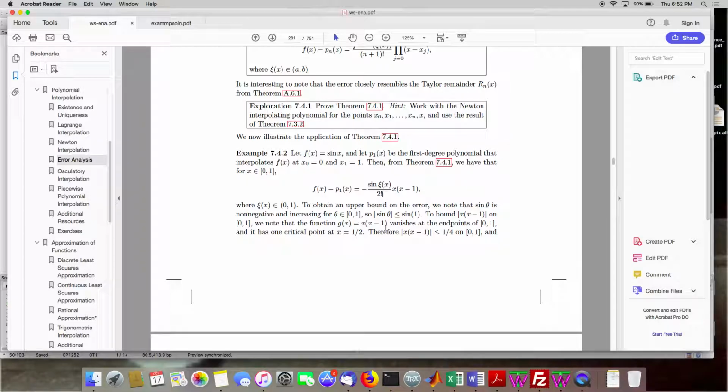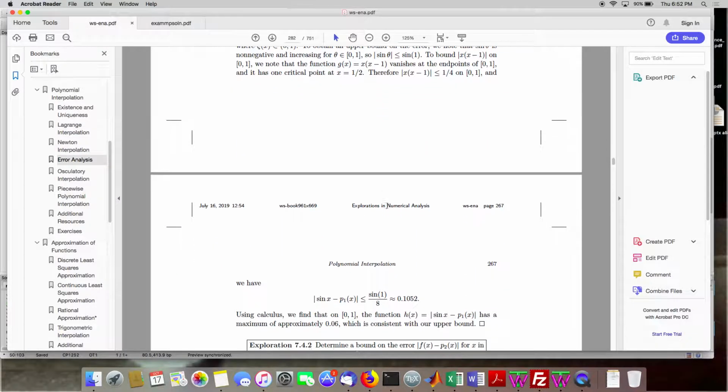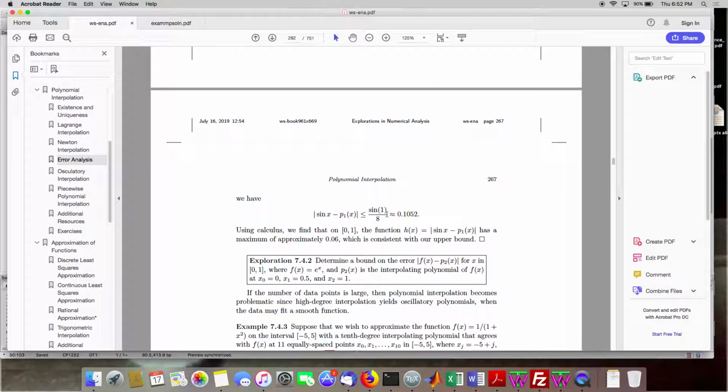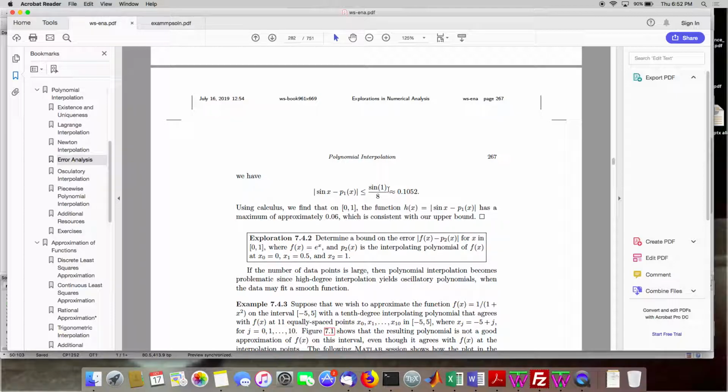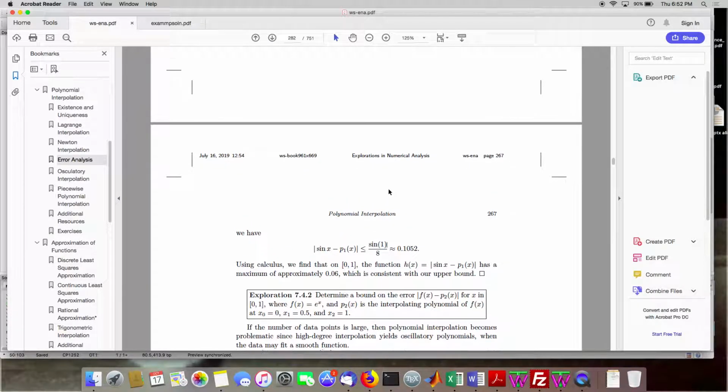In the example in your textbook, the error is bounded less than or equal to sine 1/8. Is it possible to have just less than on your bounding of the error? Can it be strictly less than instead of just less than or equal to?